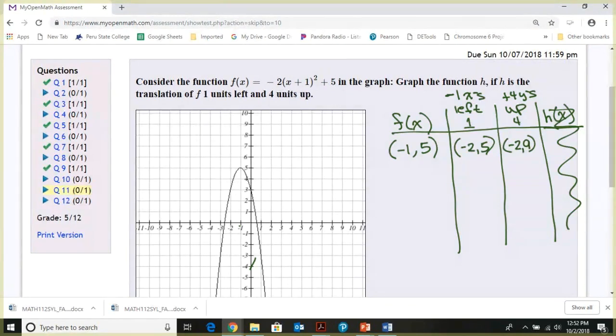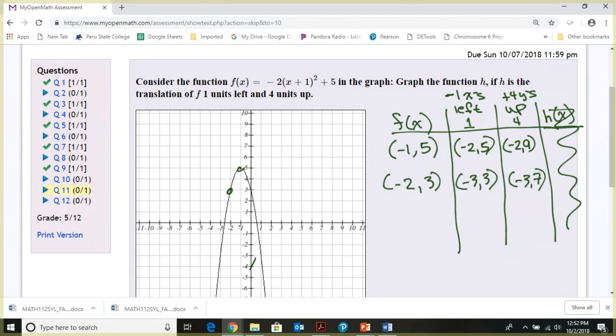Let's see what other points we're going to need to graph it. If that's the only one, then we could just go ahead and do it. Here, let's go ahead and find 2 more just for the heck of it. So I just did this point here. Let's look at that one because it looks like it's right on the line. So that's -2, 3. Let's move it left 1 and then up 4.